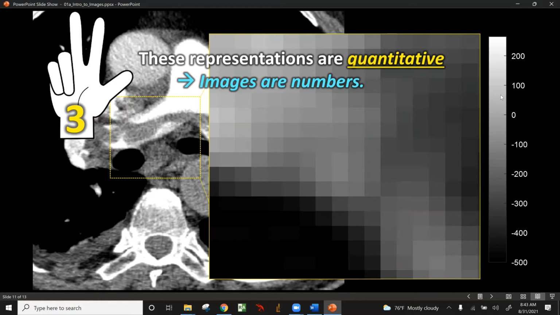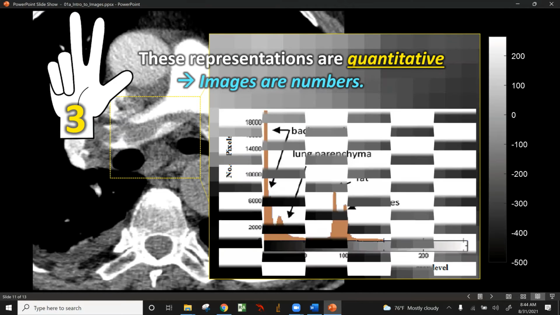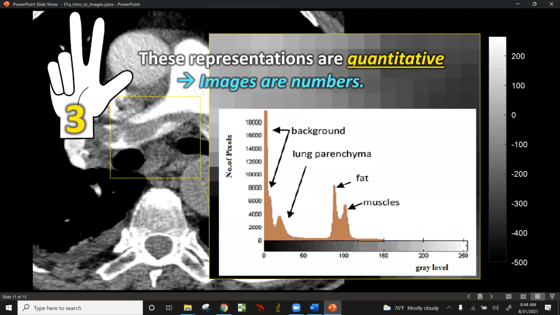The numbers associated with each element of that matrix are shown here, right? And so in CT, those are measurements of what's called linear attenuation. The units of linear attenuation are usually converted to something called a Hounsfield unit. We'll talk more about that. But here's a histogram of pixel values within that image. It plots the number of pixels as a function of the pixel value.